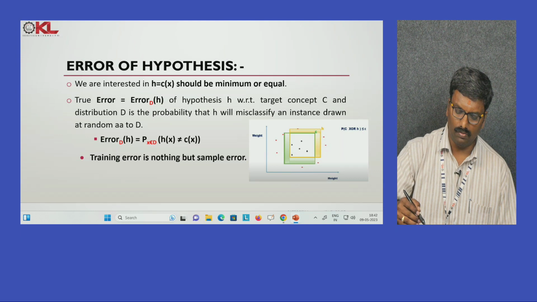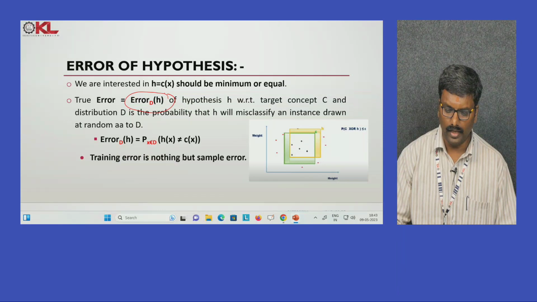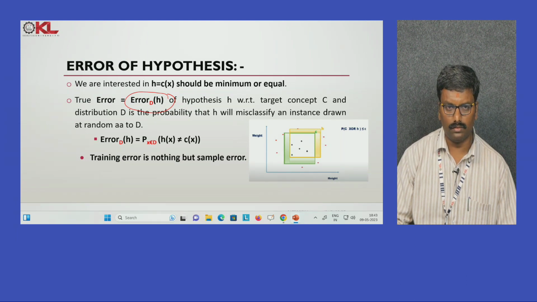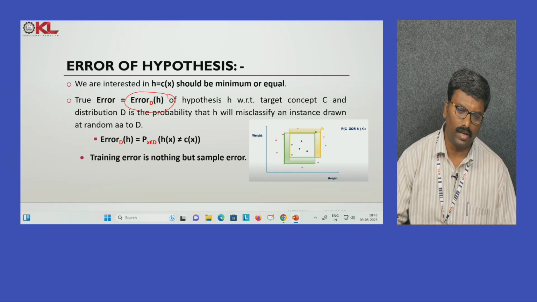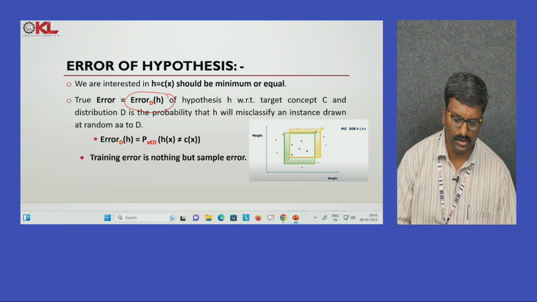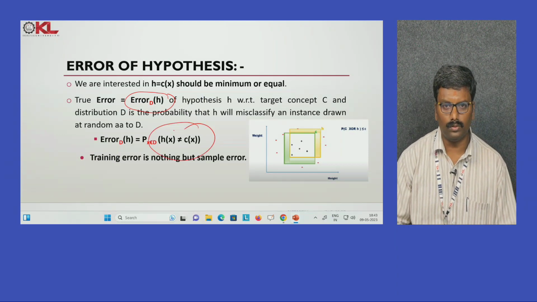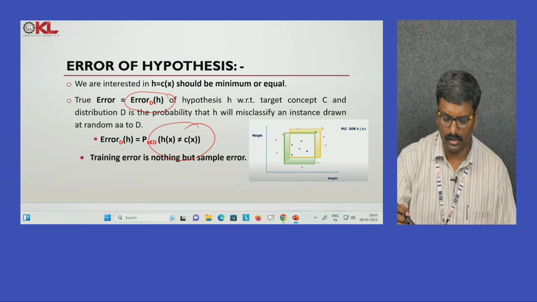The true error is denoted by error D of H, of hypothesis H with respect to the target concept C and probability distribution D. It is the probability that H will misclassify an instance drawn at random according to D. The definition, formalized once again: the error D of H is equal to the probability that h(x) is not equal to the target concept c(x). Here the training error is nothing but the sample error.